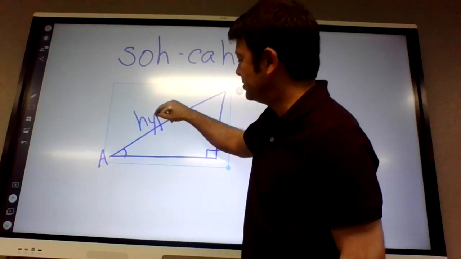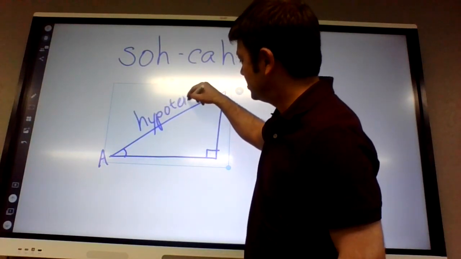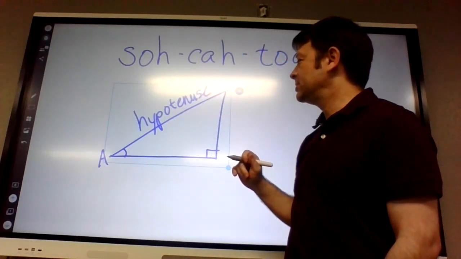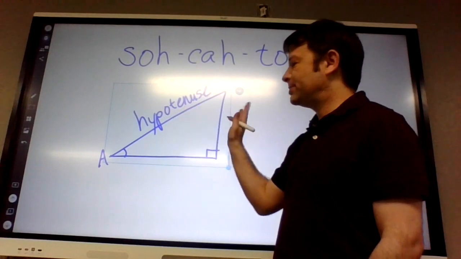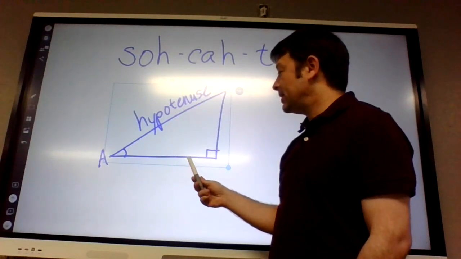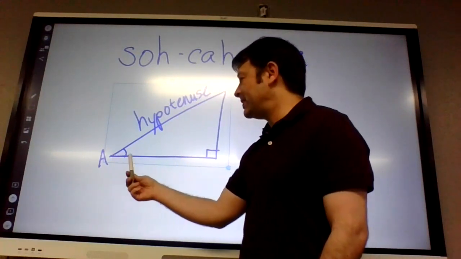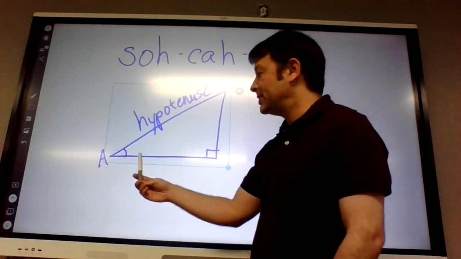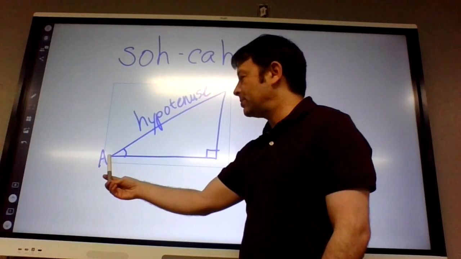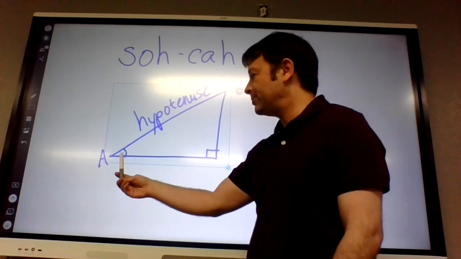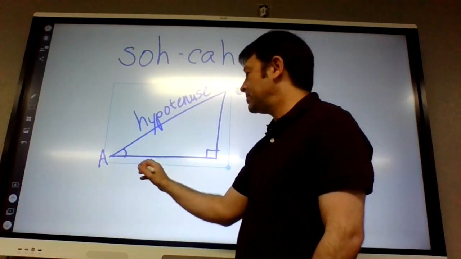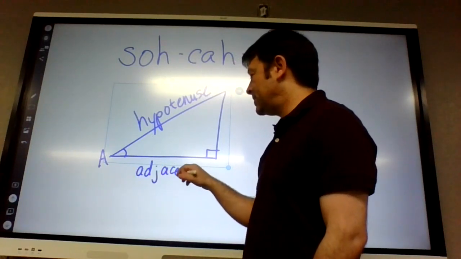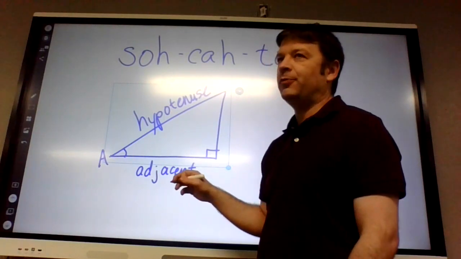Hypotenuse. It's a big complicated word to spell. You don't have to really remember that, but what they did is they named these other two sides. These are legs, but they gave them specific names. This leg down here that's close to A, the angle that we're looking at, they call it adjacent. Adjacent is just a fancy word for next to.